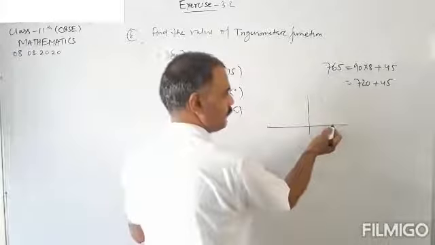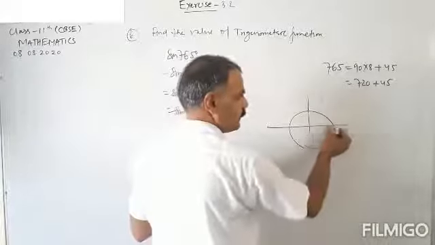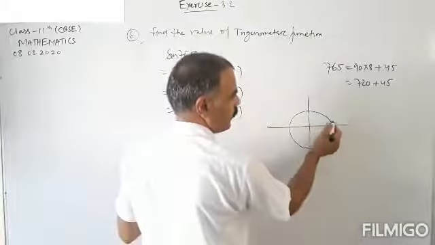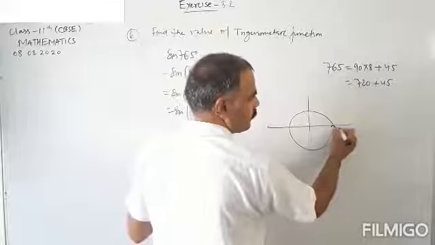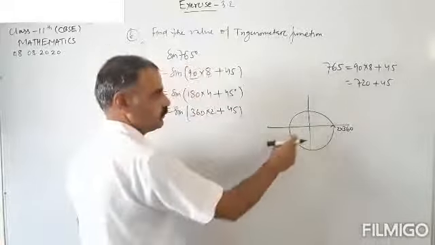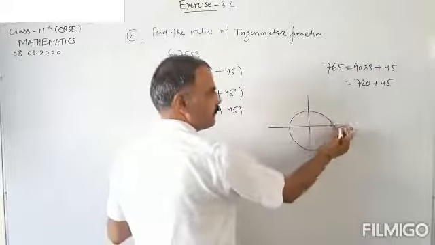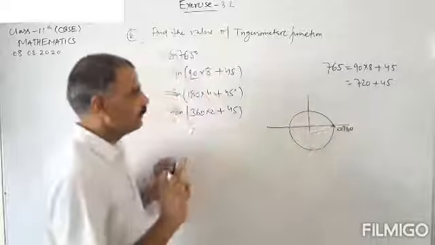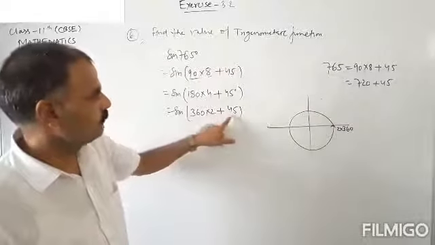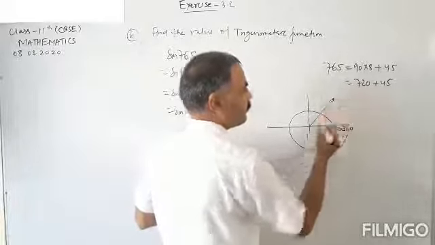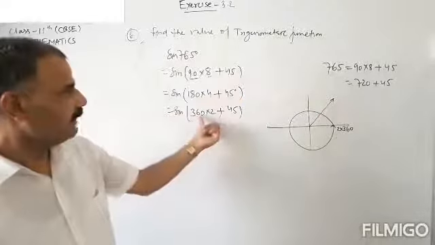So this one is 360 degree. This is 2 times 360 degree, that is 720. Angle 720 is up to the positive x-axis. Now 45 degree more, that is 45 degree here in this quadrant. So this angle will lie in first quadrant.